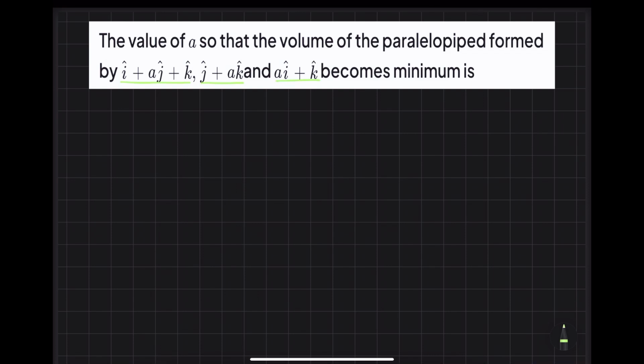So first we will try to find out the volume of the parallelepiped. You know that for volume we should focus on the scalar triple product, meaning the box product, and then we will be writing the coefficients of i, j and k of the first vector. So 1, a, 1; 0, 1, a; 0, 1. So we will find out the determinant of this.